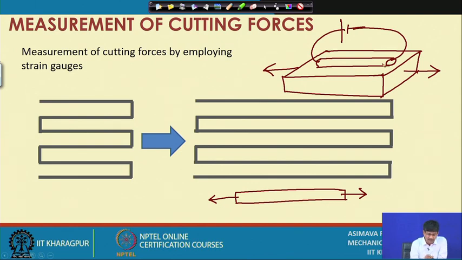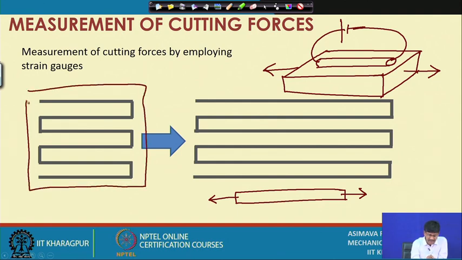So, what we do is, within a very small space, say restricted to a few square millimeters, maybe this side is 4 millimeters and that side is 6 millimeters, we enclose a large number of zigzag conductors. Some sort of pattern is chosen, so that the total length is of a large quantity.